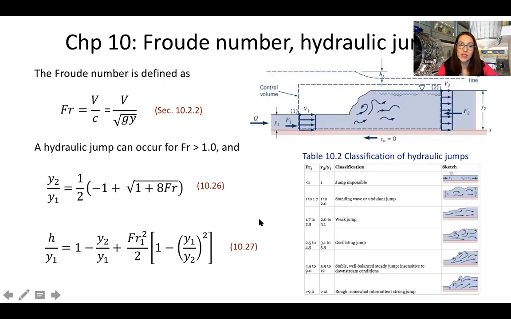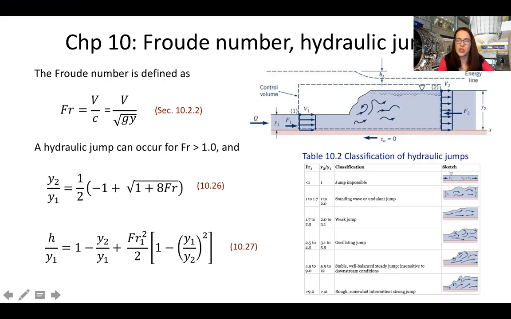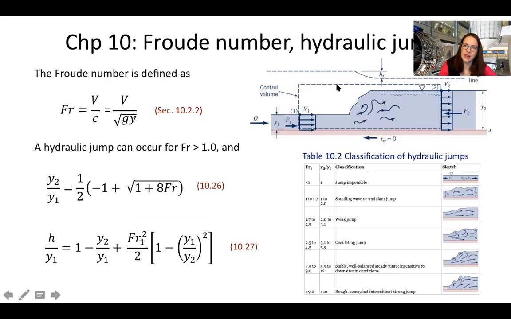Okay, now getting into the Froude number. So this is a really fascinating part of open channel flows, going back to this analogy with shock waves. So the Froude number is V, the velocity of your fluid flow, over C, the speed that a wave travels on the surface of that fluid.